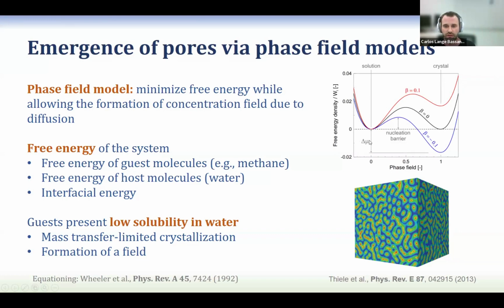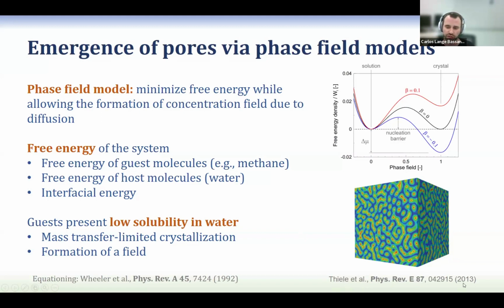And then we can also have some thermodynamic models, equations of state, to find the driving force, this delta mu. On the other side, the phase field model also solves the concentration field in space. So by minimizing the free energy from the molecular scale and solving the concentration field, we can have the emergence of a porous medium in 3 dimensions.